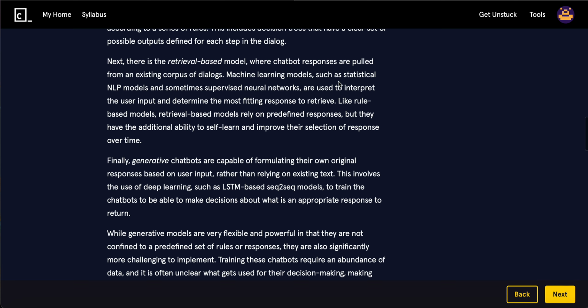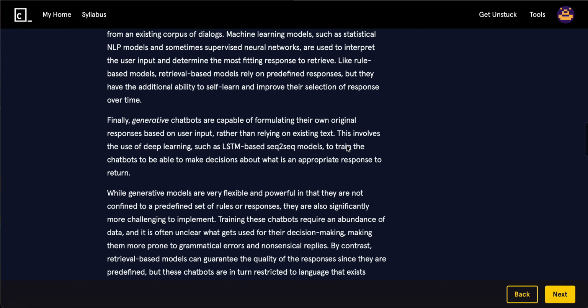Machine learning models such as statistical natural language processing models and sometimes supervised neural networks are used to interpret the user input and determine the most fitting response to retrieve. Like the rule-based models, retrieval-based models rely on predefined responses, but they have an additional ability to self-learn and improve their selection of response over time.